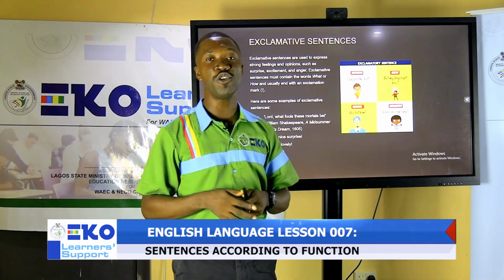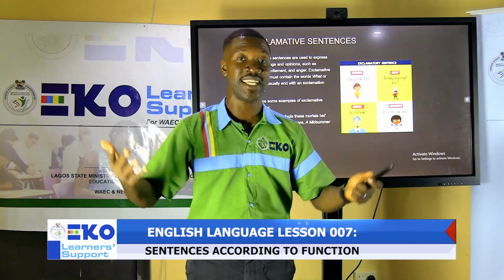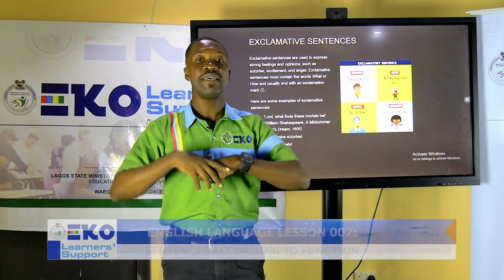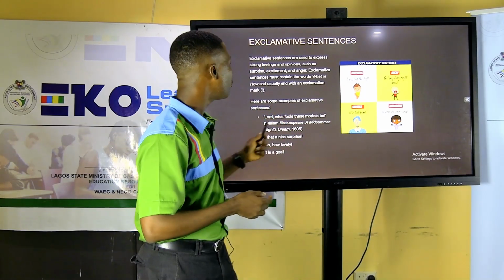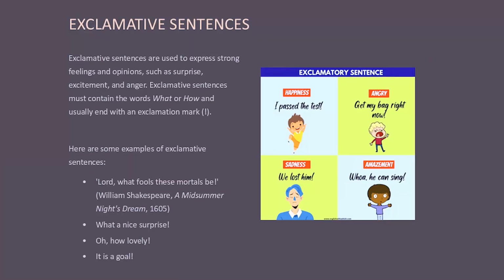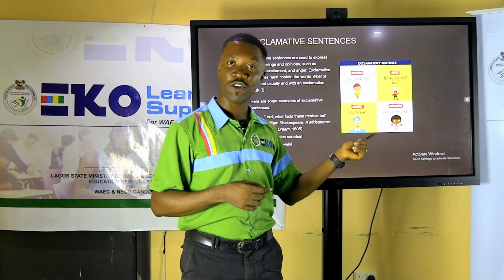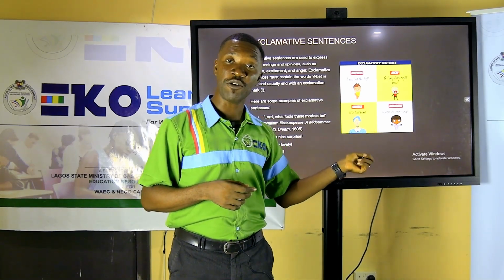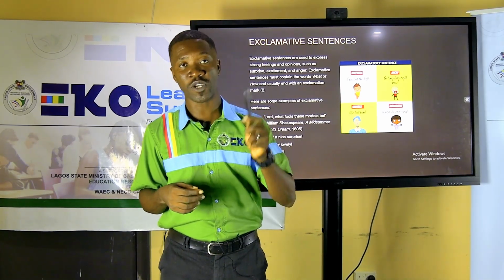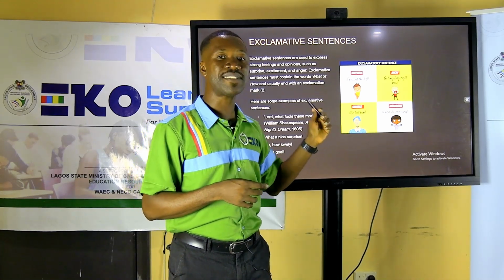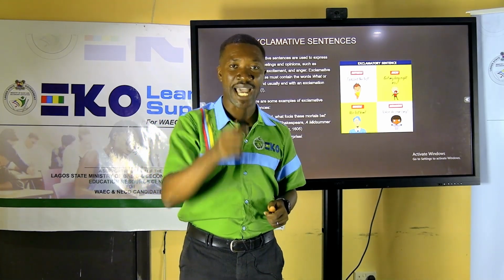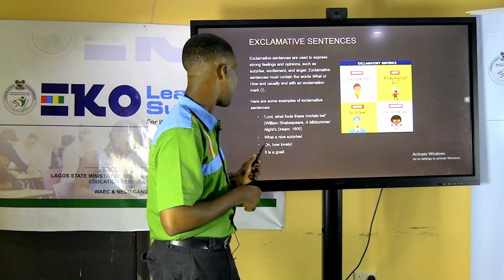They are sentences that we use to express strong feelings, emotional discharge, and to show surprise or excitement about something. Like the interrogative sentence ends with a question mark, the exclamative sentence must end with an exclamation mark.